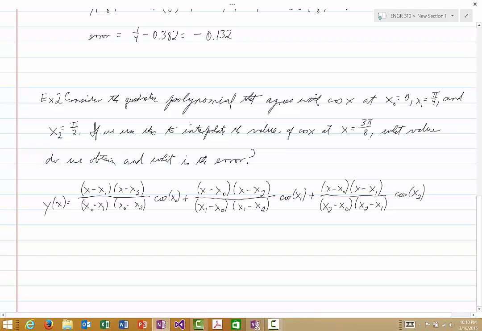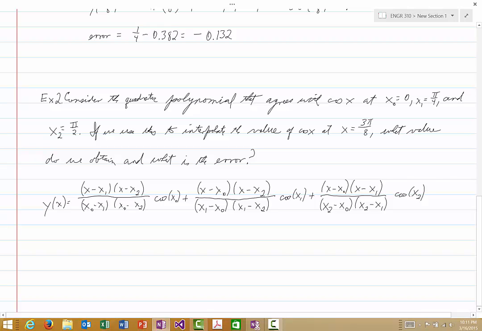And now if you look at this expression, I hope you'll agree, as we've already said, when x is equal to x0, this will be 0, so this term goes away. This will be 0, so this term goes away. And here we have x0 minus x1 canceling with this x0 minus x1, x0 minus x2 canceling with this x0 minus x2.